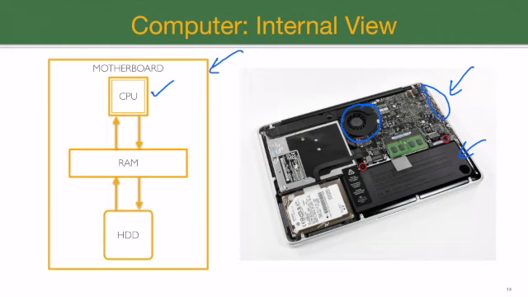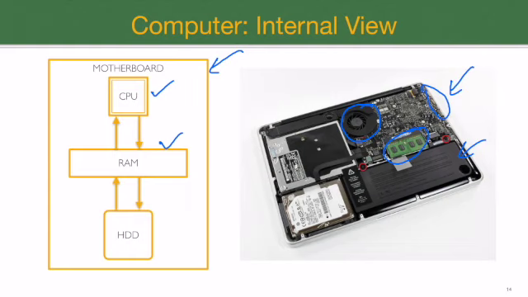The second most important component in the computer, without which the computer will not work, is the RAM, which is shown here. If you open different computers, the location of the RAM varies slightly and it can be installed in a different style. For example, on desktop computers, it is installed vertically, perpendicularly on top of the motherboard.